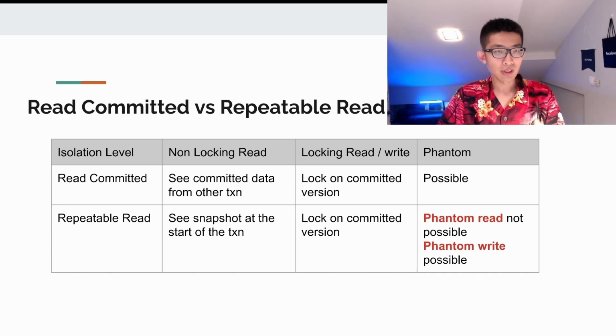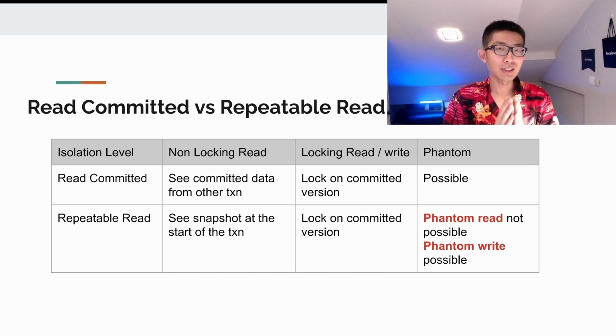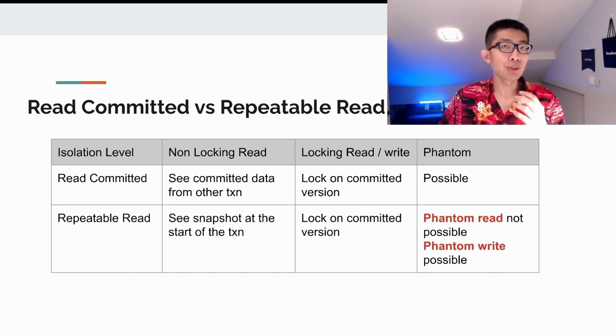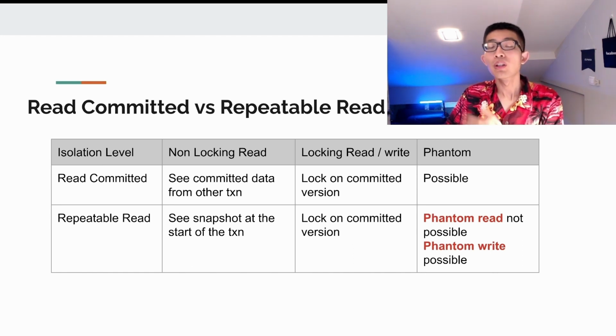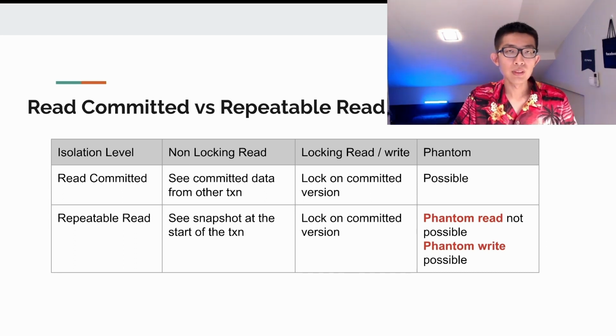So far, we've only been describing non-locking read. What's a non-locking read? All the reads by default are non-locking. Just go and read it. There's no lock. The other interesting thing is, once you do a locking read or a write on a row, the behavior changes. A locking read always takes lock on the committed version.